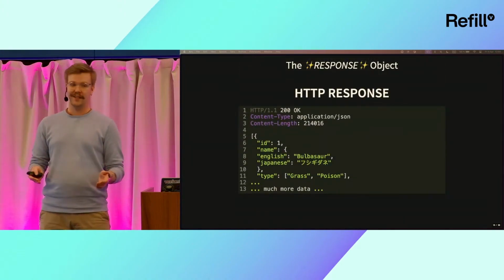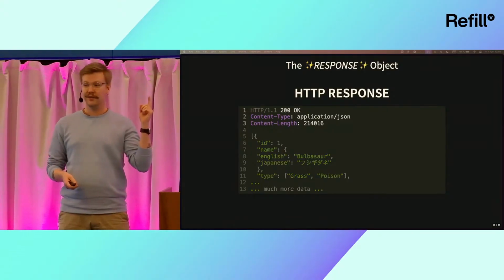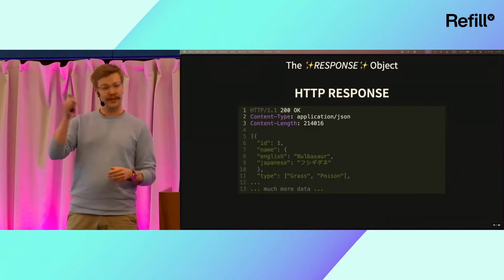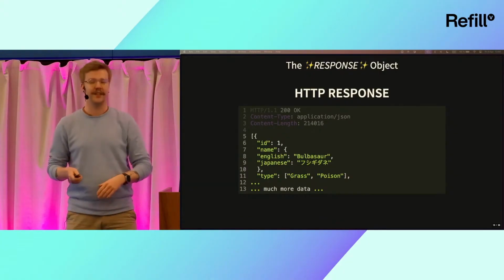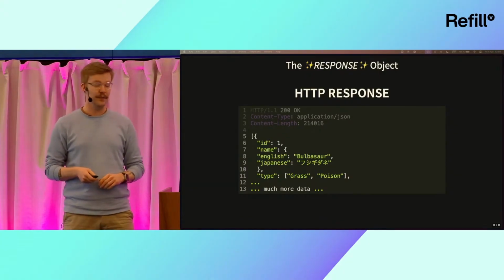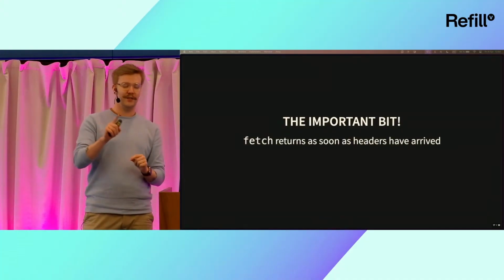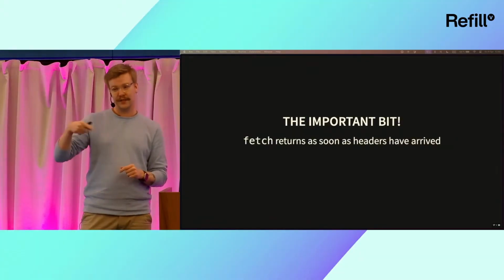You only get a text file. And it first says, here are the headers, like success, and we're sending you JSON. We're sending you this much JSON. And then you get all of the JSON as data. So the important bit here is that fetch will return as soon as the headers have arrived, while the actual content and the JSON could still be on its way.